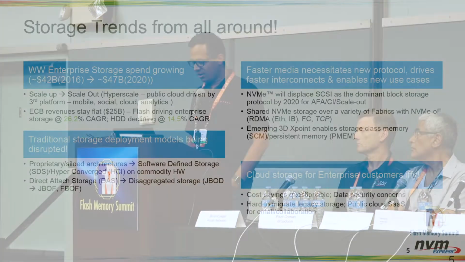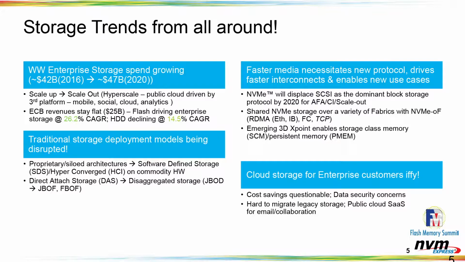So why is all of this happening? A lot of traditional storage deployment models are changing. From typical proprietary siloed architectures, things are changing, moving to hyper-converged infrastructure, converged infrastructure, more software-defined storage, and people are bringing services farther and farther away from the array into software, into applications, into infrastructures, even into networks.